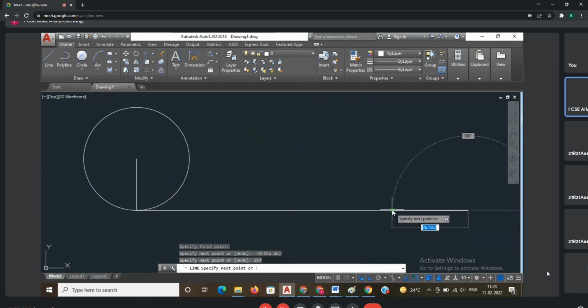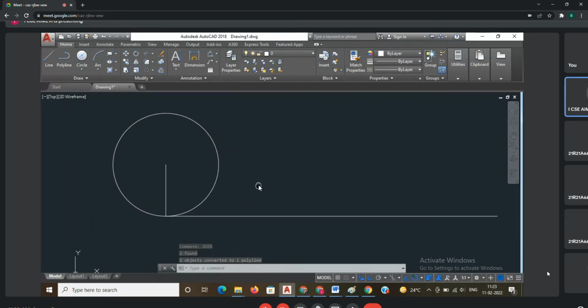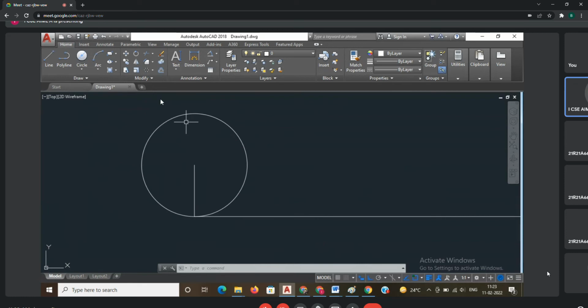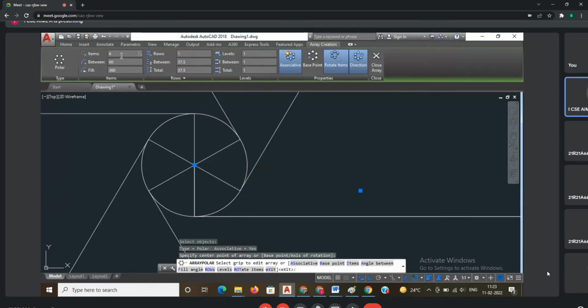Then join these two lines first. Now these two lines become a single entity. Then go for the polar array. Select the line, press enter, pick the midpoint of the circle and give eight segments.